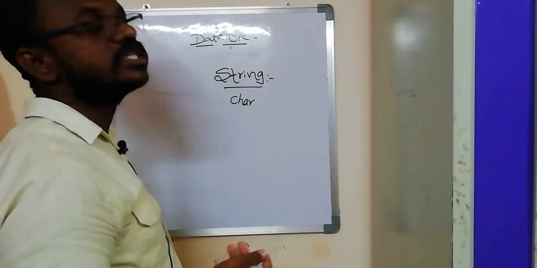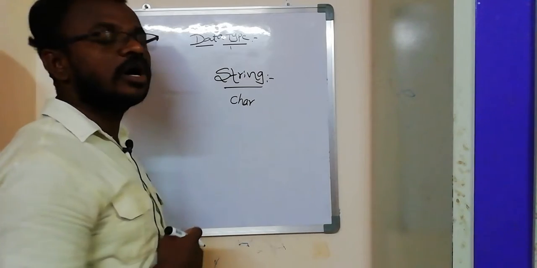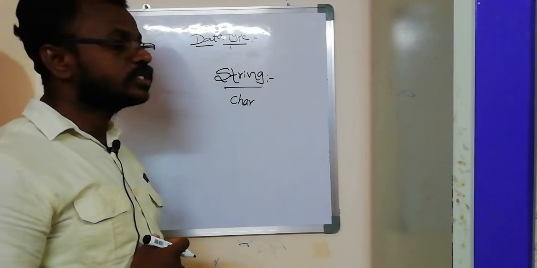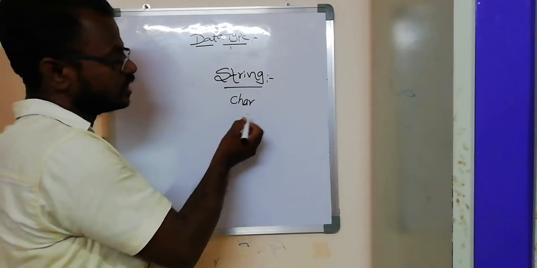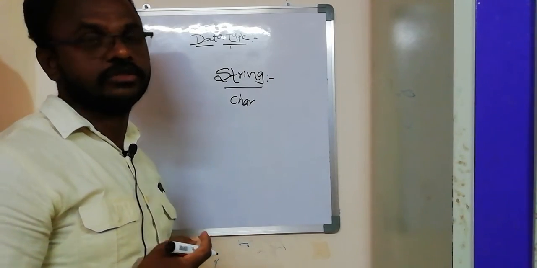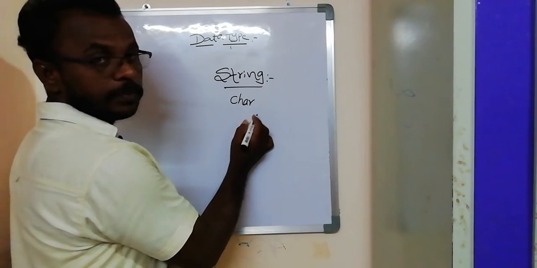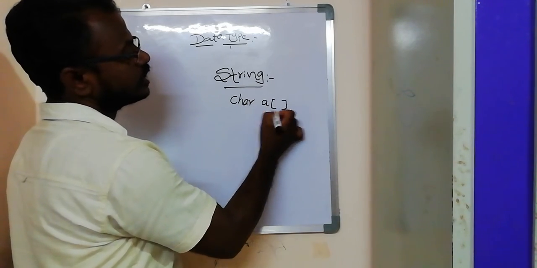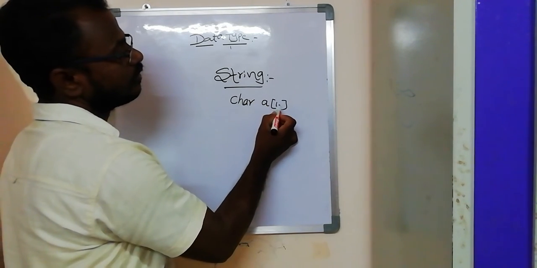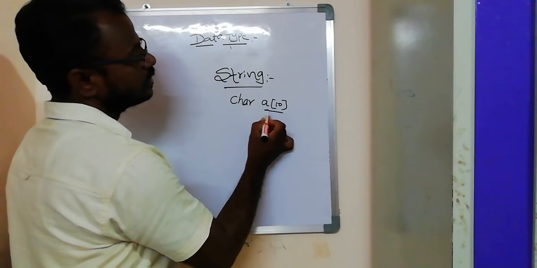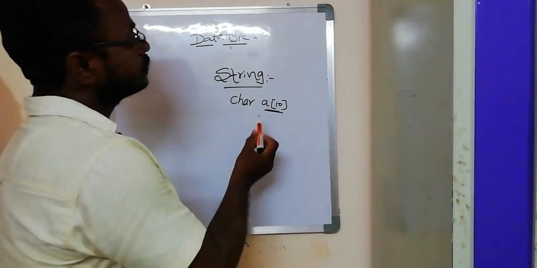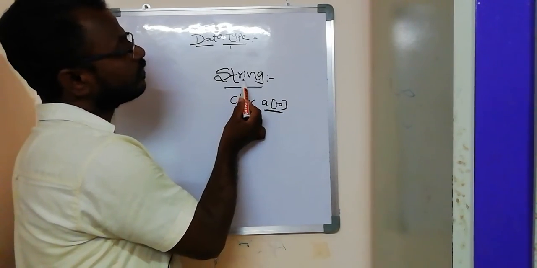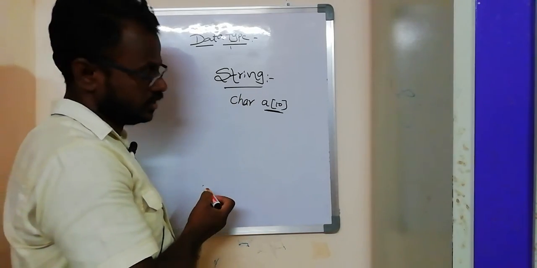You can perform any string operations using the data type keyword char. We cannot write string; it is not supported in C language. The character data type variable can be declared in array formation. In this way, string related operations can be performed.